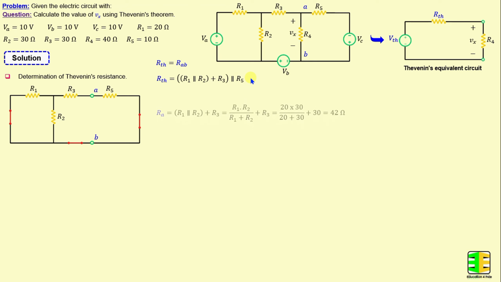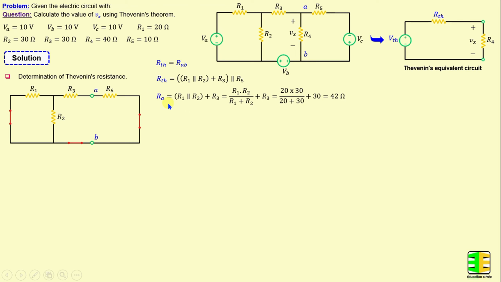And I will consider RA is equal to the parallel combination of R1 and R2 connected in series with R3. That means RA is equal to R1 times R2 over R1 plus R2, plus R3. And if we replace the resistors with their numerical values, we obtain RA is equal to 42 ohms.